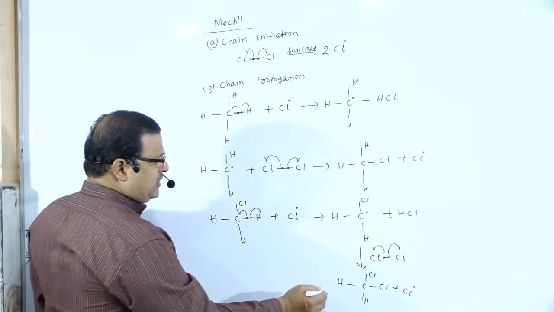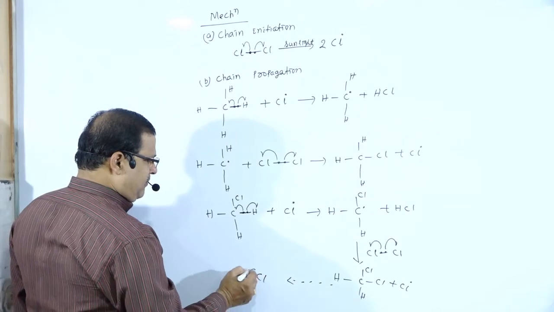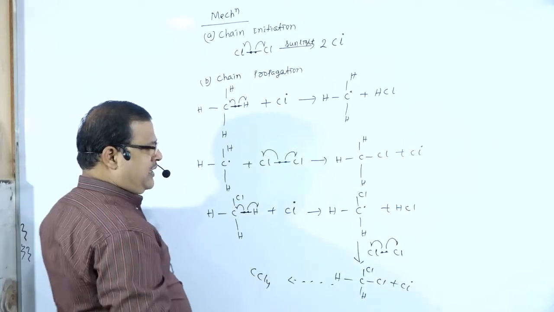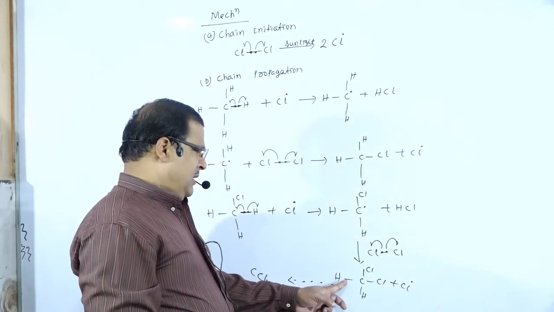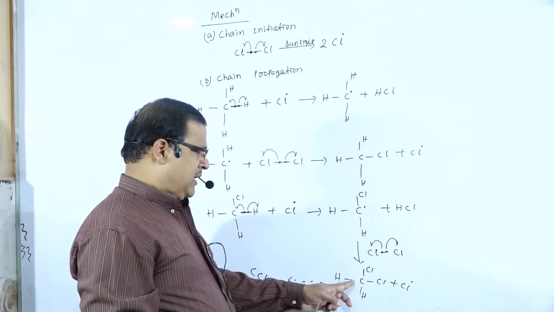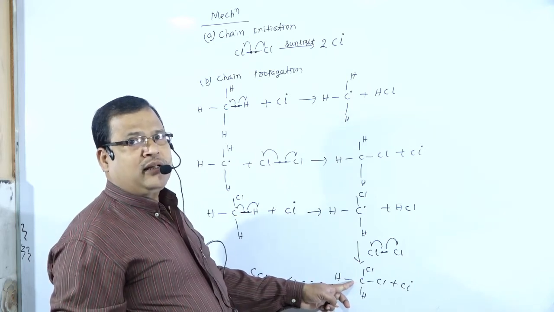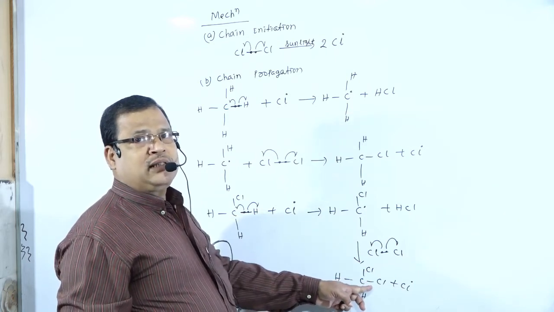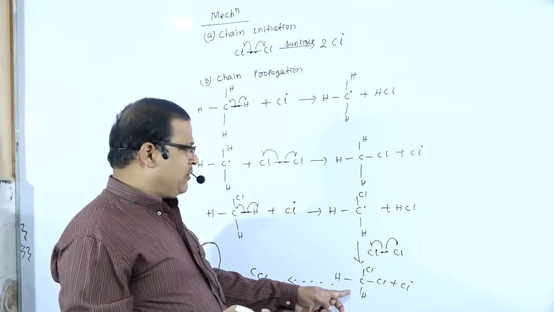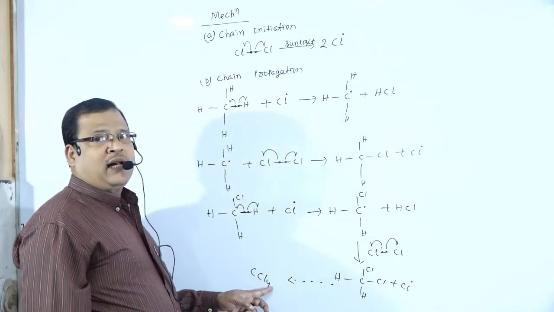This reaction will continue till there is the formation of CCl4. Again Cl dot will come, this bond will break homolytically, and the free radical again attacks chlorine, forming CHCl3. The same process will continue till the formation of CCl4, carbon tetrachloride.